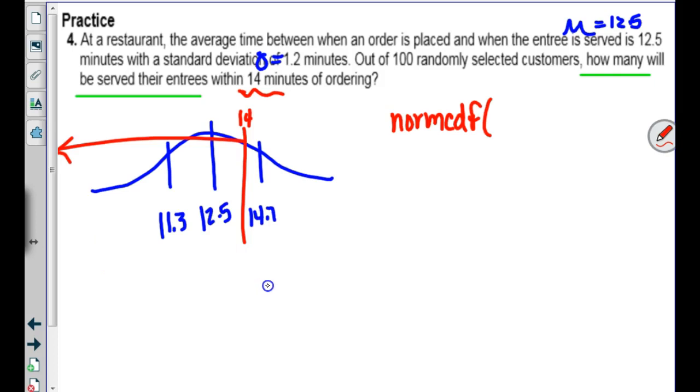You can't get your food faster than 0 minutes, right? Or sometimes you can even put like -999 there, it won't matter. And the top, we want everybody who got it within 14 minutes. And then the mean is 12.5, and the standard deviation is 1.2.